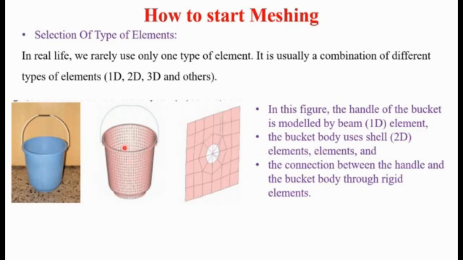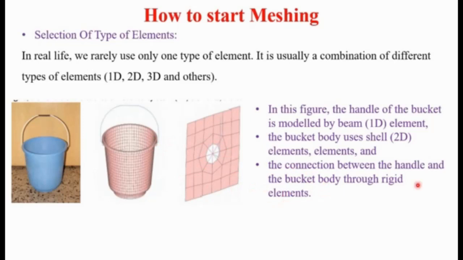Then this bucket body surface should use shell or 2D elements. Then the connection between the handle and the bucket body is through rigid elements. Again rigid elements are used to model this connection between this handle and the bucket. Here it is shown, these rigid elements are also used here.